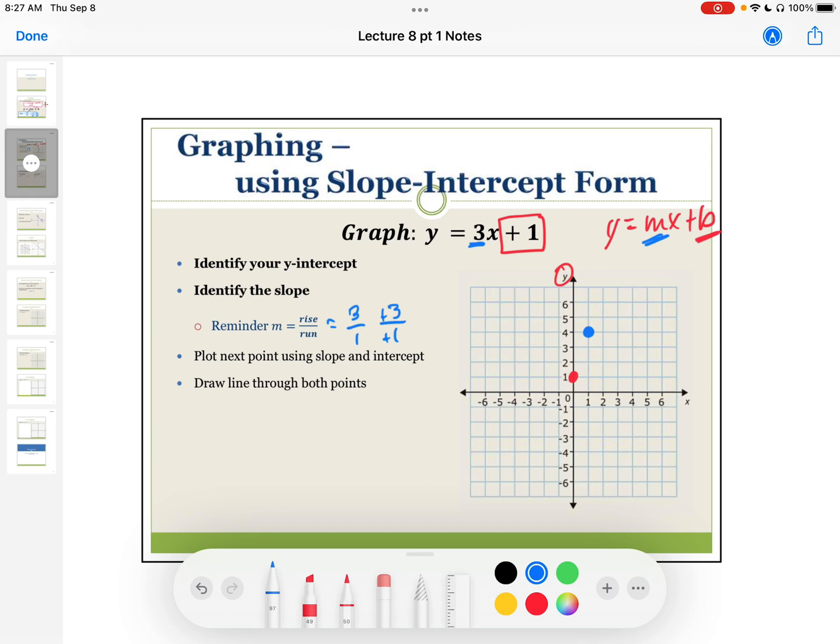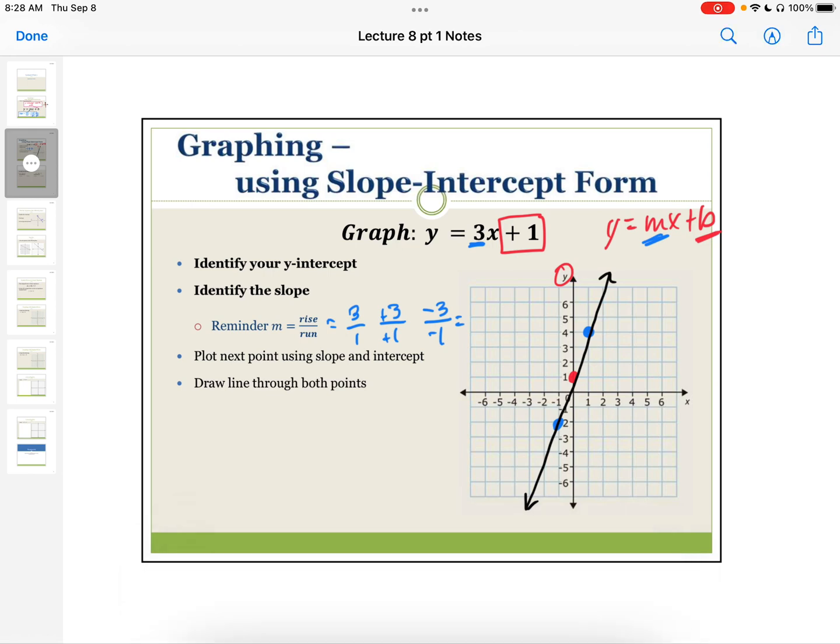Now, along with that, you could also say that this is a negative 3 over a negative 1, because if I take a negative divided by a negative, that does give me a positive 3 there. So I could also go down 3 and to the left 1. But regardless, that is going to give me the same line when I graph that there. Okay, so that is graphing lines using your slope-intercept form.